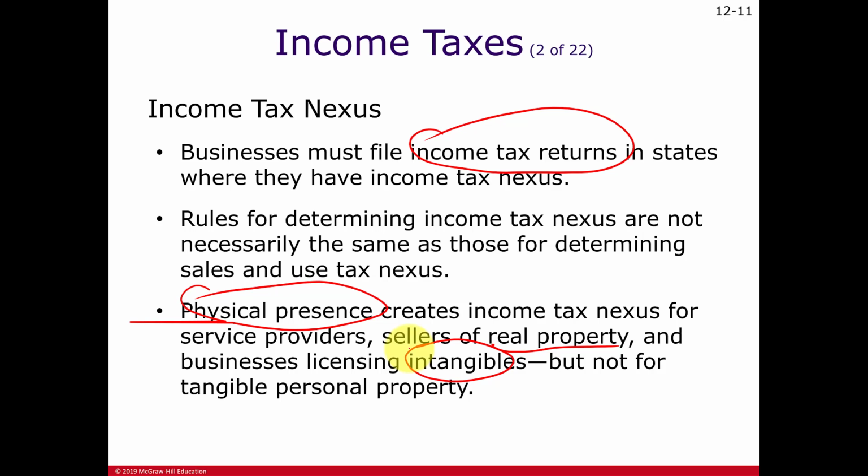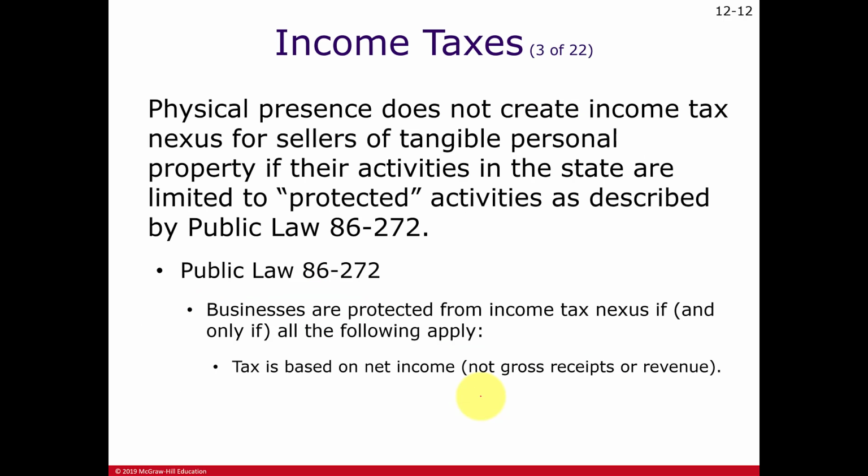If you sell personal property in that state, that doesn't necessarily give you nexus due to an exception in one of the laws. And that exception is the so-called Public Law 86-272. If the only thing you do is sell personal property in that other state without any physical presence, then maybe you're not going to be subject to income taxes in that state. But you've got to meet all the detailed rules here.